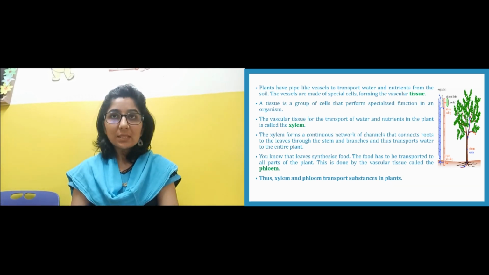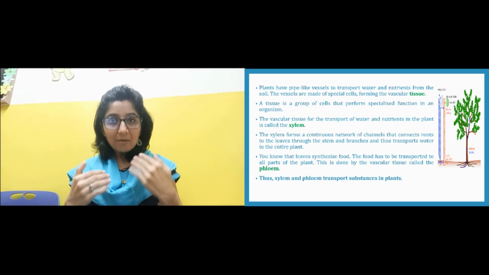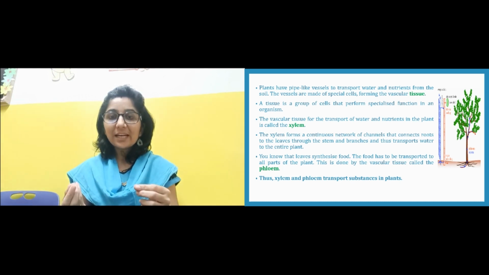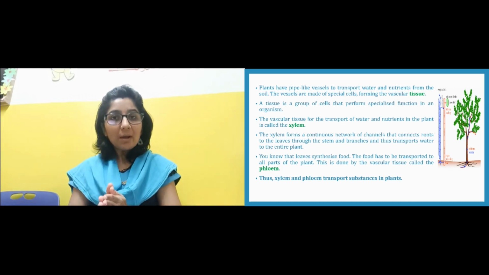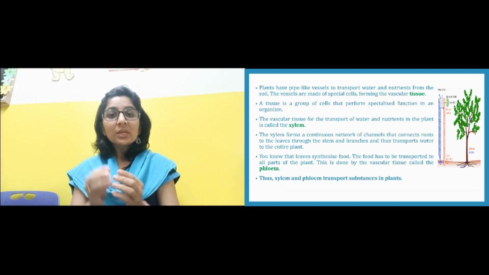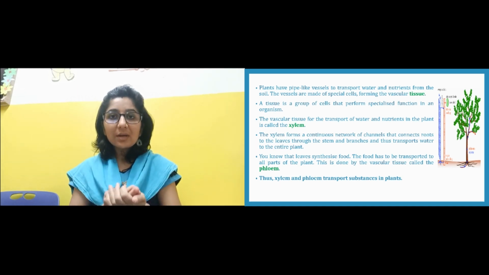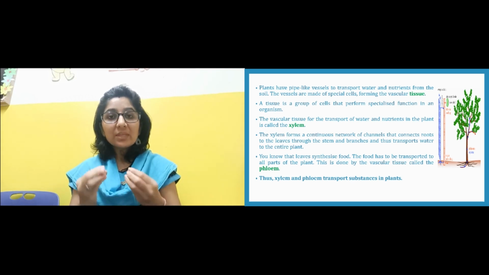Like in our body, where there are blood vessels which carry the blood, in the same way in plants there are pipe-like vessels for the transport of water and nutrients from the soil. This pipe-like vessel is called the xylem.